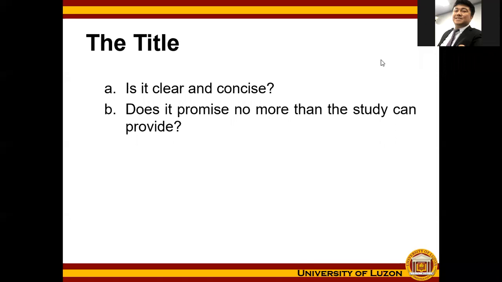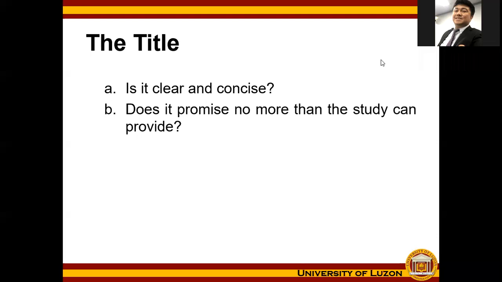So it should be clear and concise, and observing the principle of brevity, it should consist of about 10 to 20 succinct words. When I say succinct, it will be referring to the main words or terms that are reflected in the title. Okay, so that's the first.